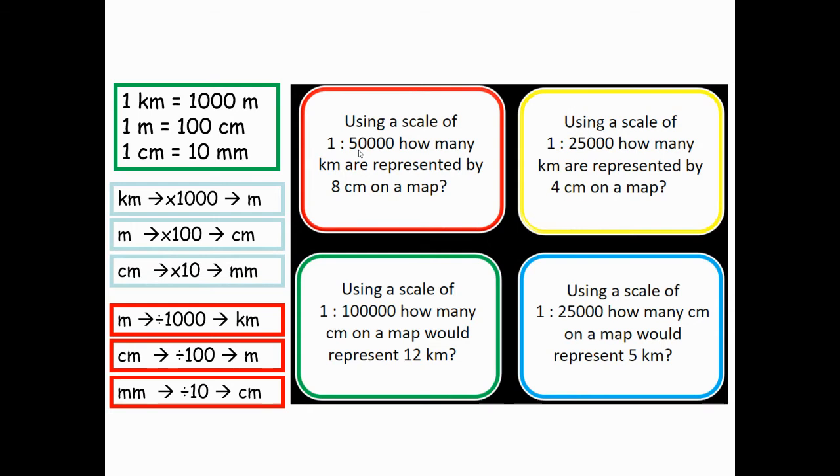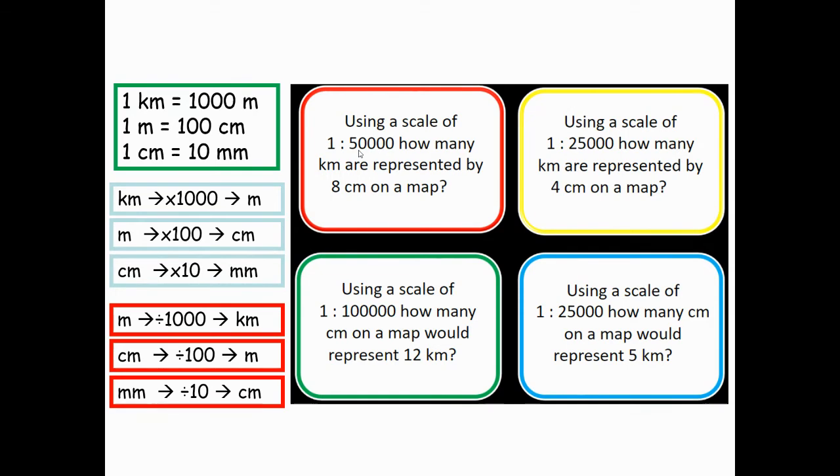So the first one there in red says we've got a scale of 1 to 50,000, and we want to know how many kilometers are going to be 8 centimeters on the map. So if we use that scale straight away, then 8 centimeters on the map, that scale means, is going to be 50,000 times bigger in real life.